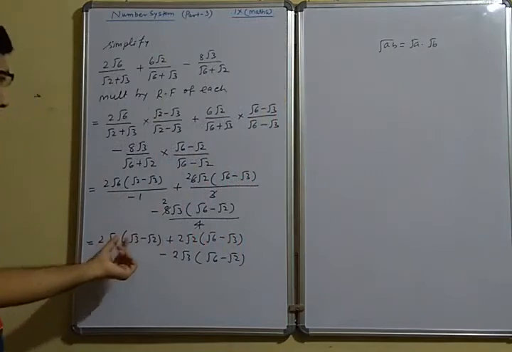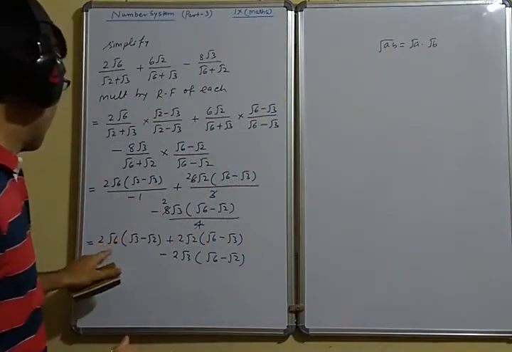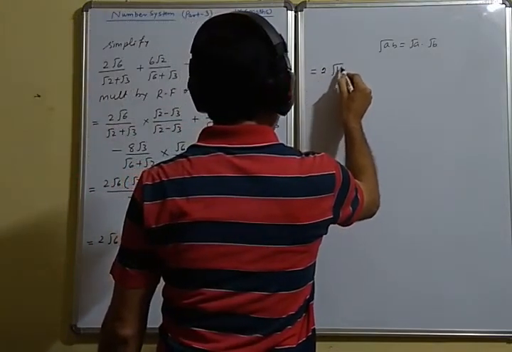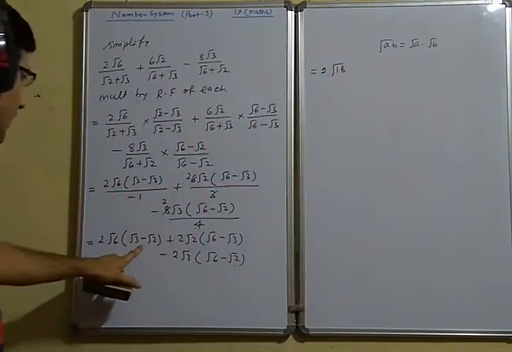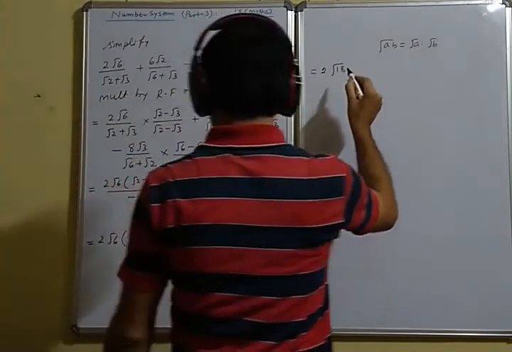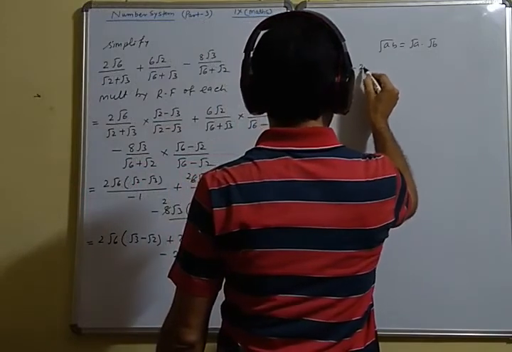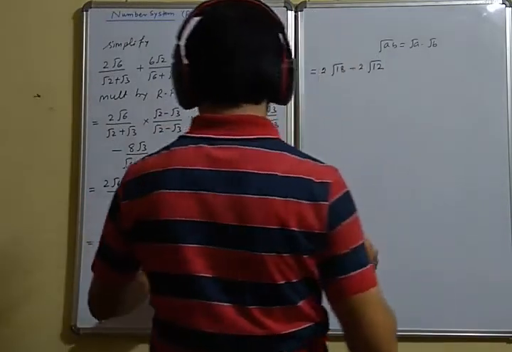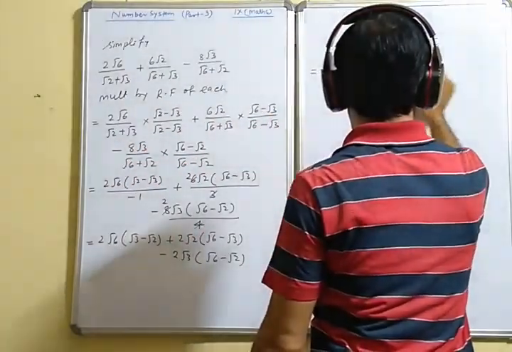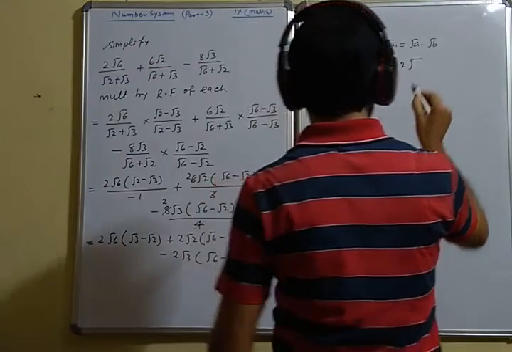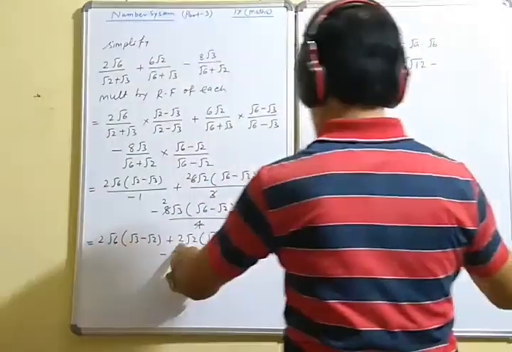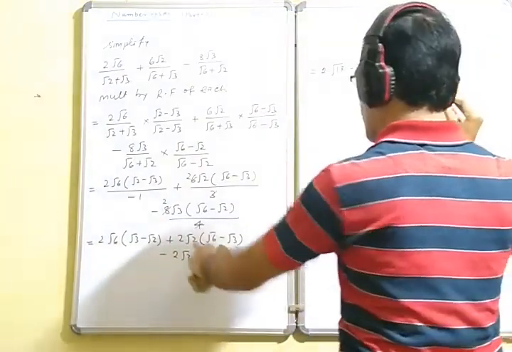So multiply it, it becomes 2 times root 18, minus 2 times root 12, plus 2 times root 12, minus 2 times root 6.